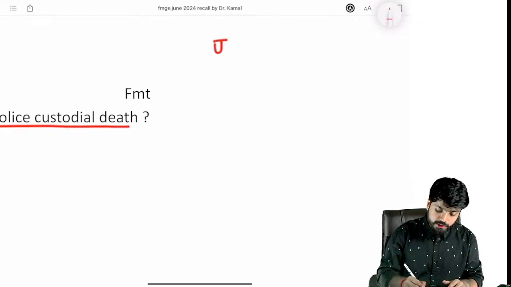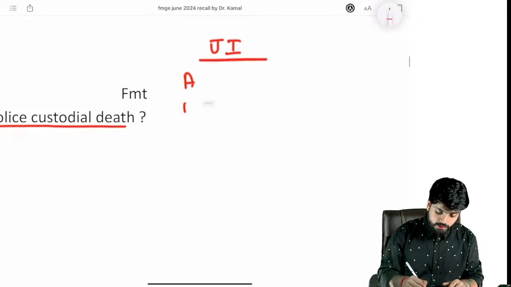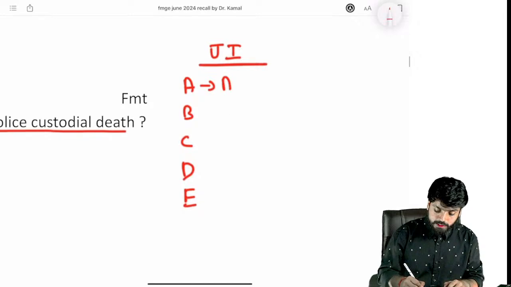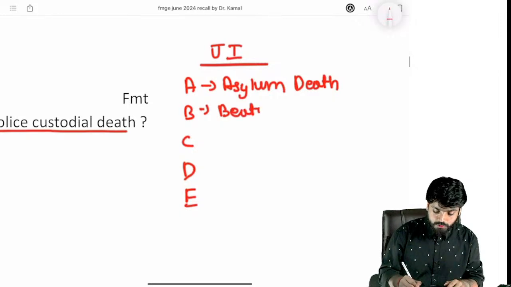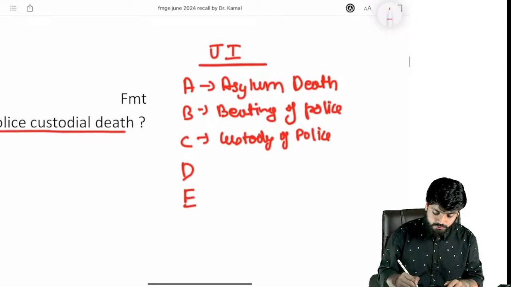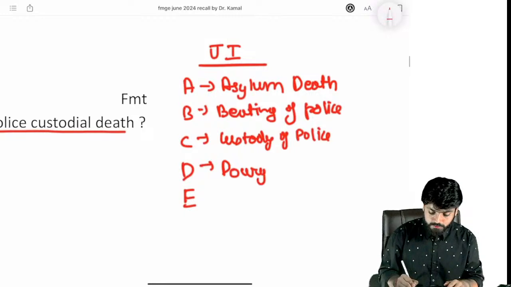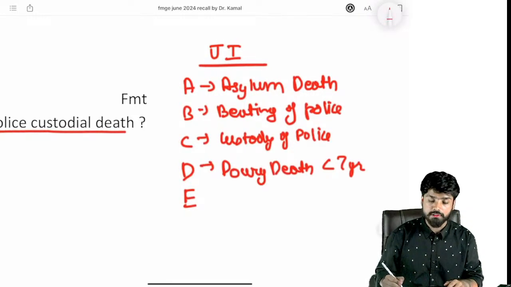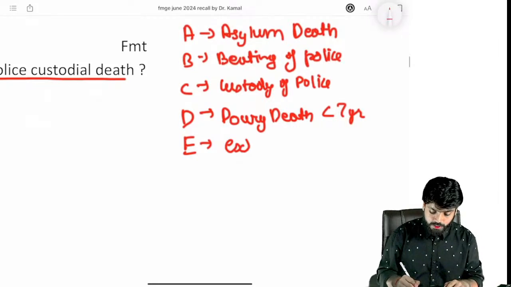We need a judicial inquest in A, B, C, D, E: Asylum, death in an asylum, death due to beating by police, death in custody of police, dowry death, which is within 7 years of marriage, and last is exhumation.